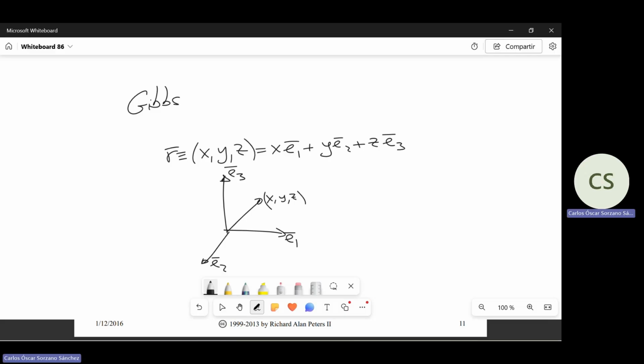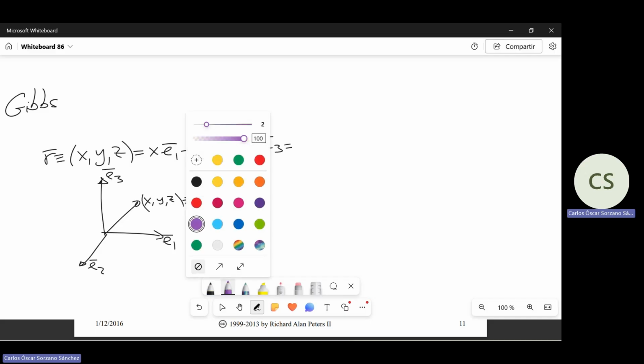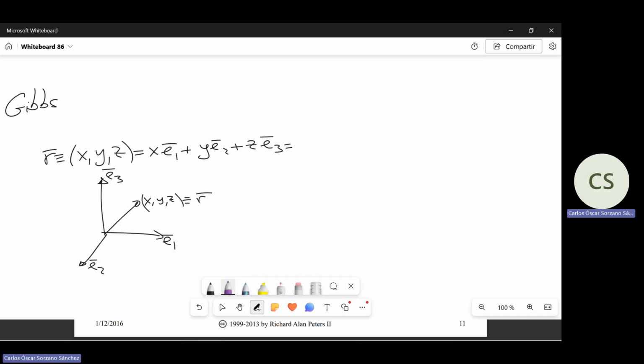Okay, but I can also write this another way. So what is x? x is the projection of the vector r. Let us draw the projections in purple. So it is the projection of the vector r onto E1.